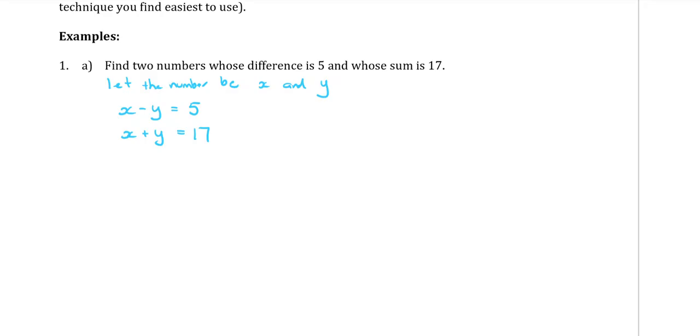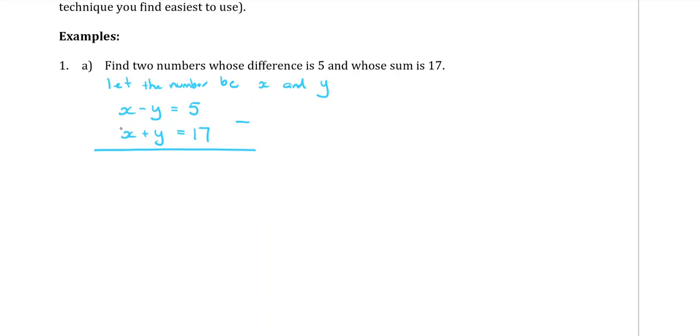Now we have to decide whether we're going to use the substitution or elimination method. The way these are set up, you can see that I've already got X's in line here, Y's in line there, and equals number. And the coefficients of the X's are already the same. So this is set up very nicely for the elimination method. I'm going to put my big line across here, and I'm going to subtract those two equations to make the X's eliminate.